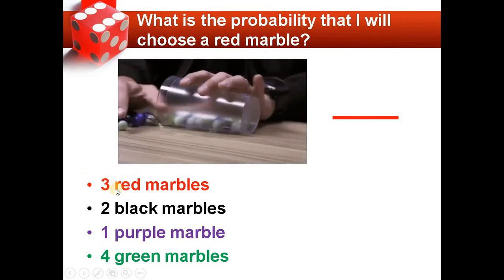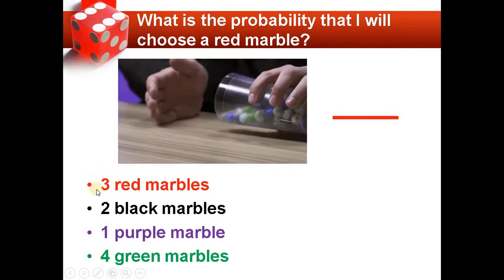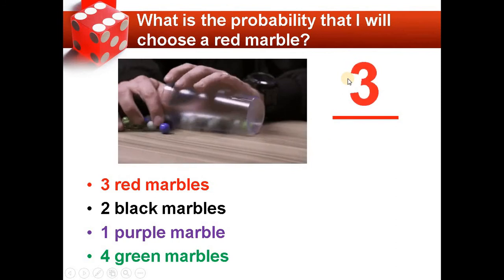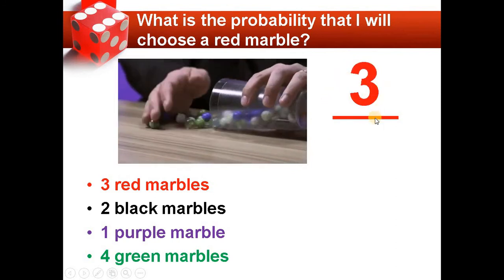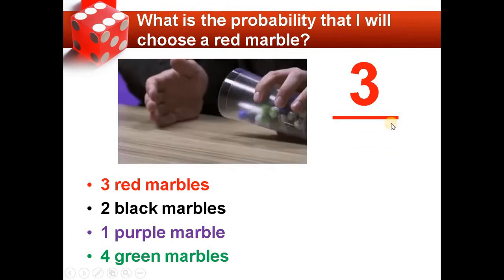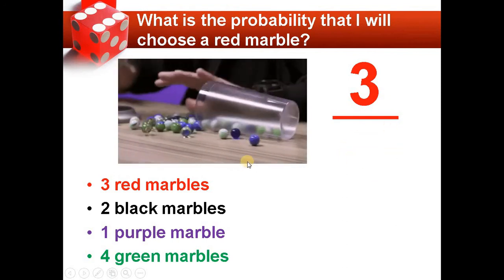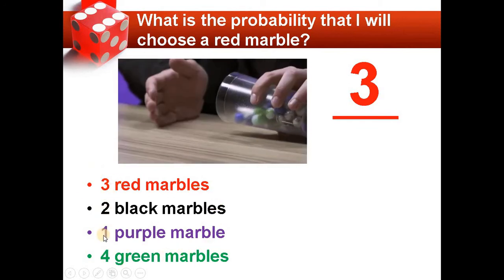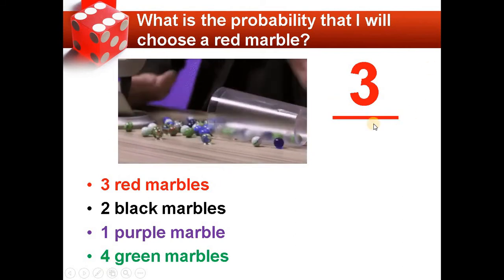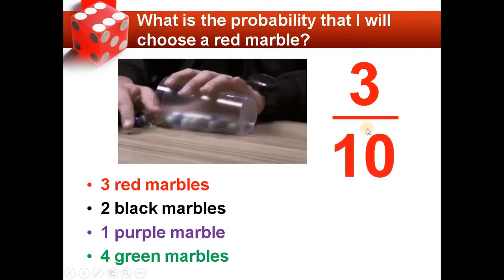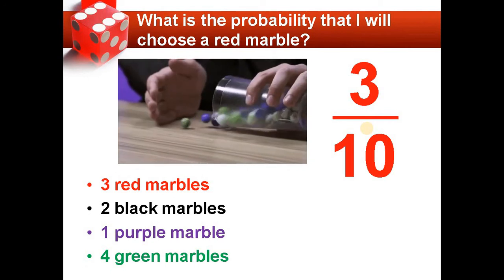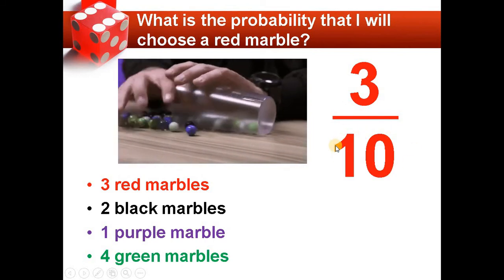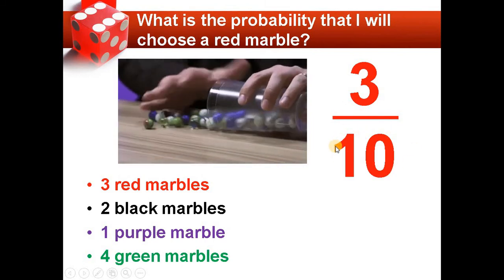We have 3, so we write 3 in the numerator. B is the total outcomes, meaning how many marbles we have all in all: 3 plus 2 plus 1 plus 4. Those are 10. So the probability that you can get a red marble is 3 over 10. Easy, yes or no? Easy.